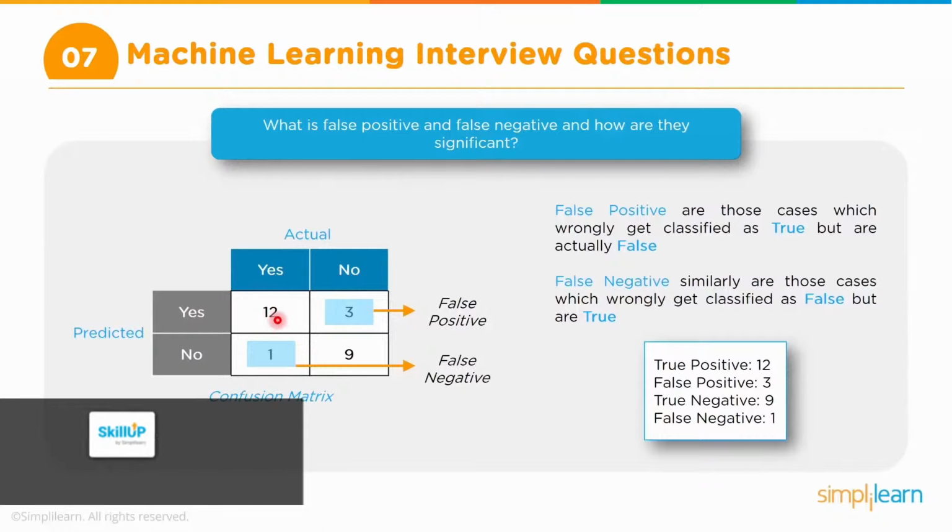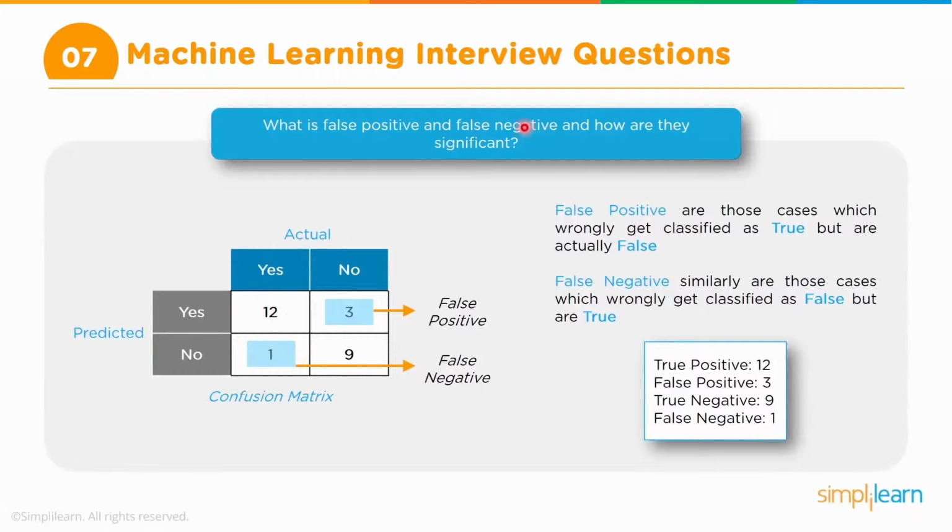Now let's take a look at what is false negative. False negative. So negative is the second term. That means that is the predicted value that we need to look for. So which are the predicted negative values? This row corresponds to predicted negative values. All right. And what are they asking for? False.